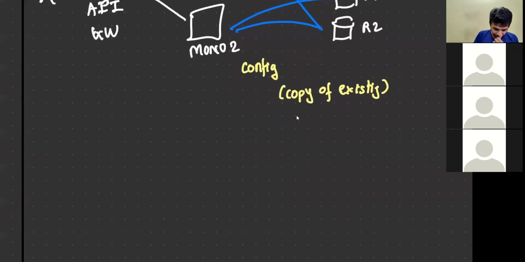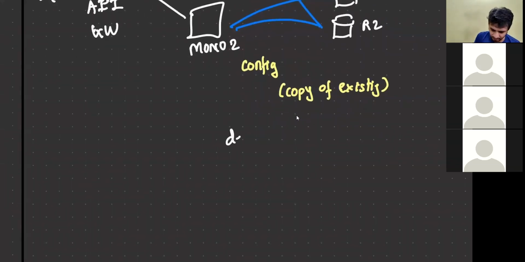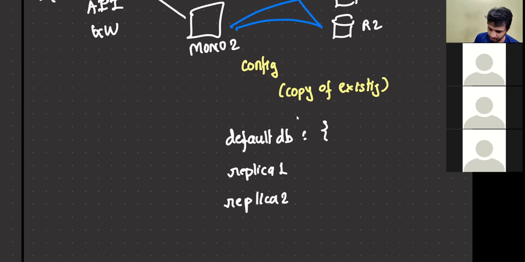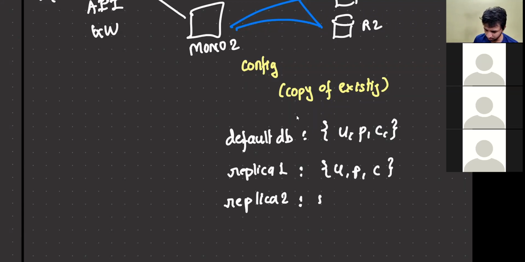So let's say our configuration was written like default, db, replica 1, and replica 2. This is how our DB connections are stored, with username, password, connection string, and so on. Similar to this, we have it for these 3.